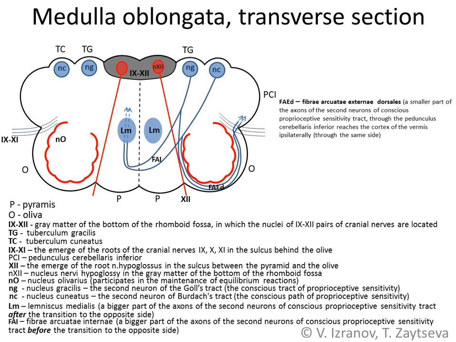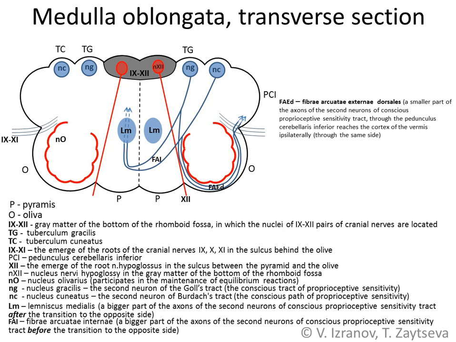It's the so-called fibre arcuate externe dorsalis. A smaller part of the axons of second neurons of the conscious proprioceptive sensitivity tract, through the pedunculus cerebellaris inferior, reaches the cortex of the vermis from the ipsilateral side, the same side.